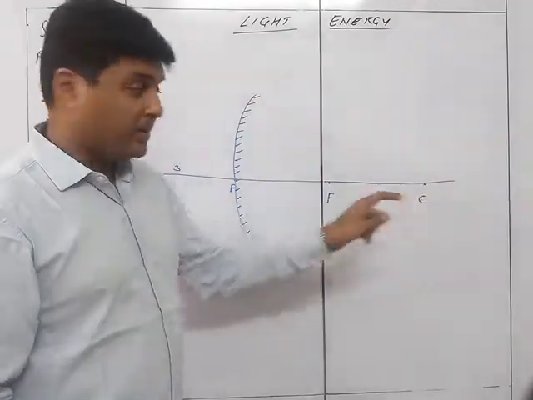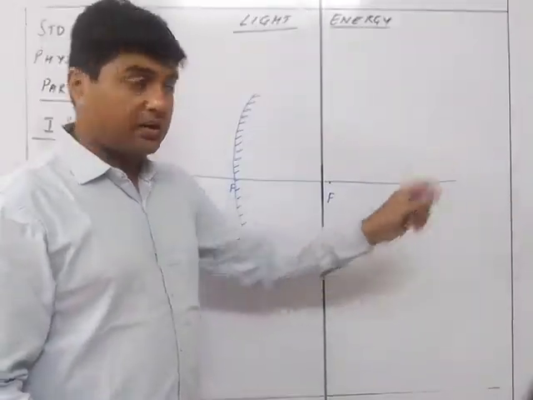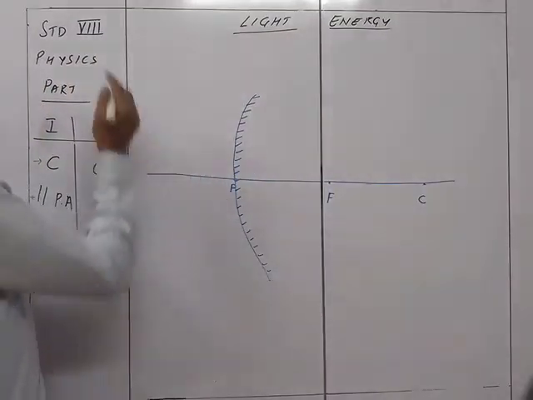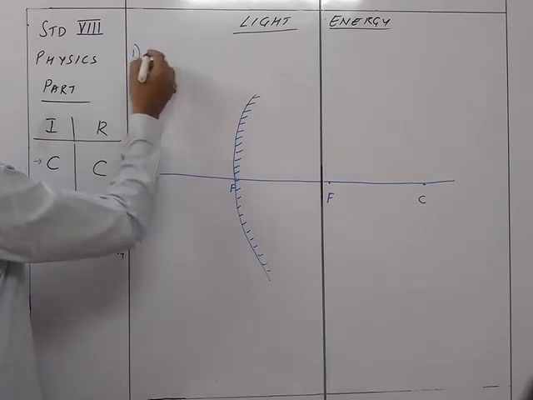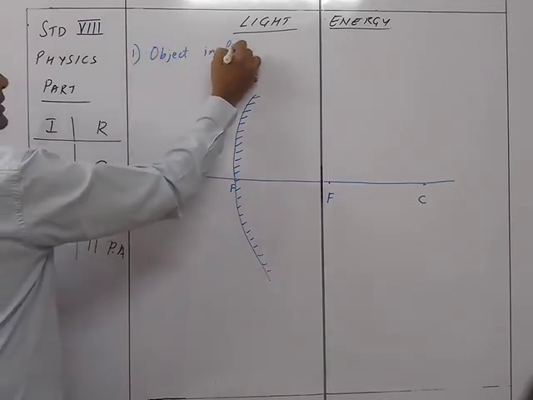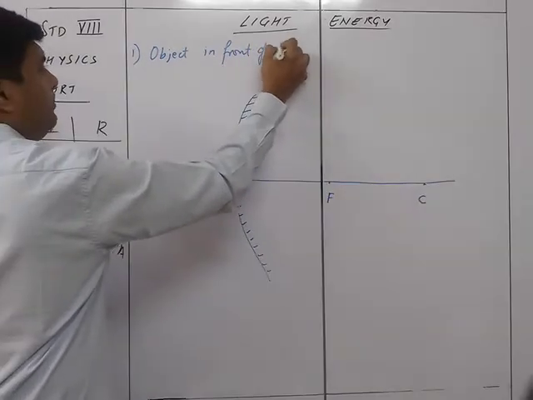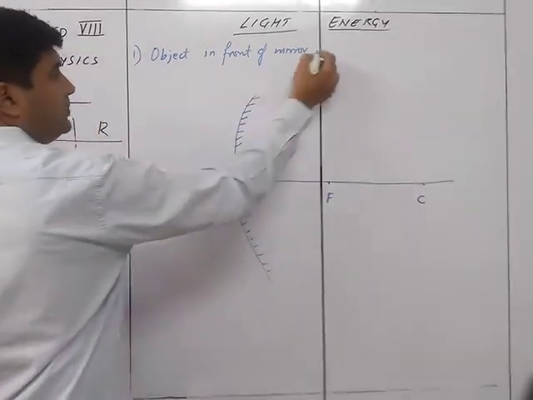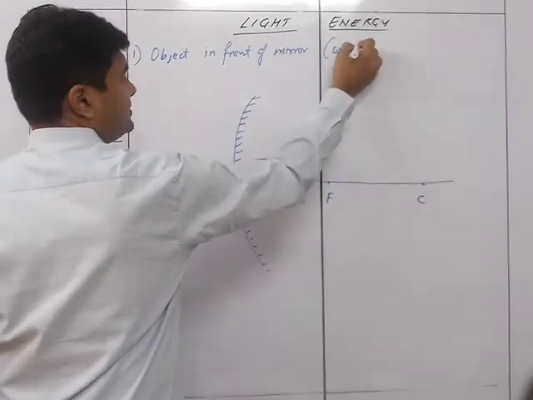Focus is behind the mirror, center is behind the mirror, and so here is the place where I can place the object. So there is only one way, that is object in front of a convex mirror.